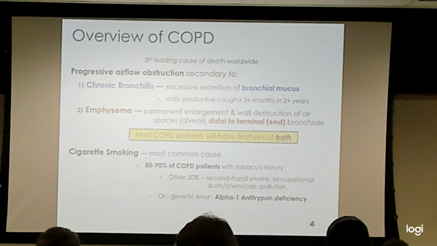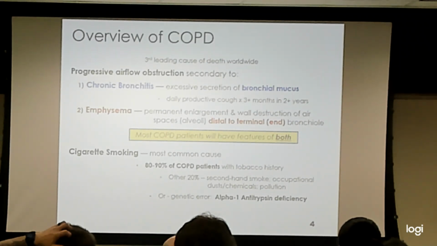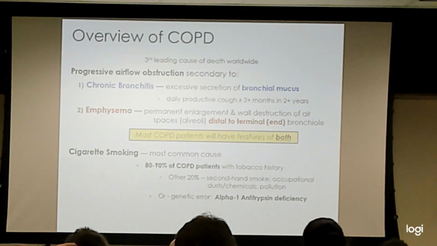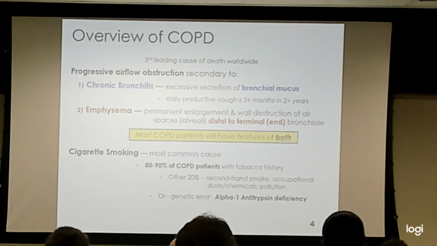And we don't really understand why people develop one over the other, because the pathophysiology of it is very similar. And a lot of times patients will have a combination of both. Either way, their lungs aren't functioning well and they need to quit smoking in most cases.